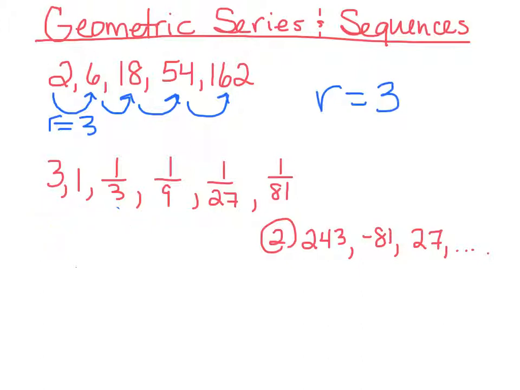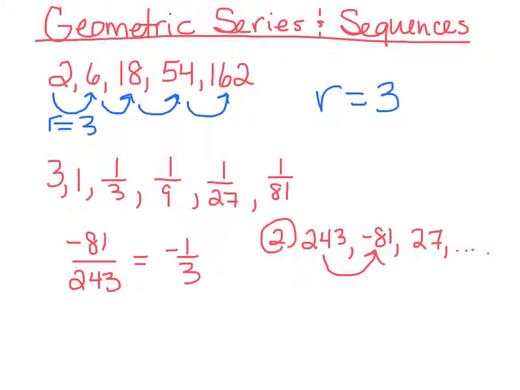Let's look at the way we can figure out what the R is. If we're going from the first term to the second term, what I tend to do is take negative 81 and divide that by 243. Then you can either use your calculator or your brain, and you will see that that is negative 1/3.